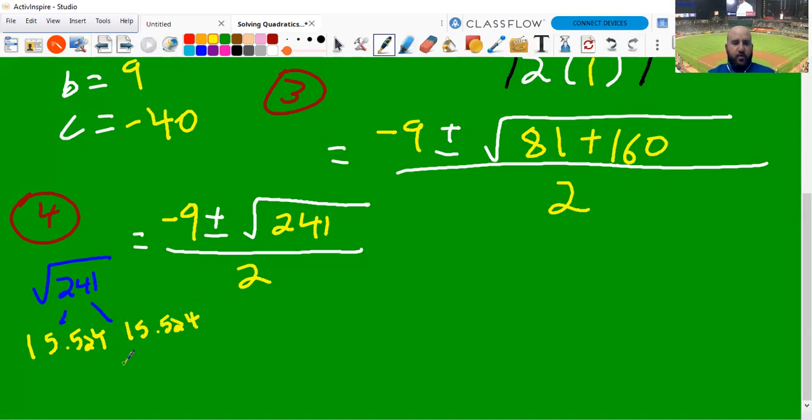So when you're trying to see what goes in, if you're trying to do a factor tree for a square root, 15 is not going to work. So if we actually took the square root and got this, we're trying to use numbers up until 15.524. So we've used 15.